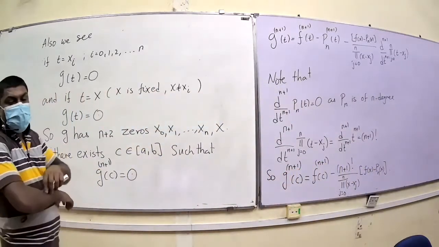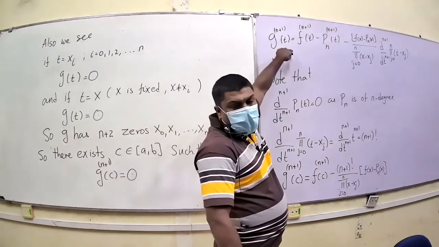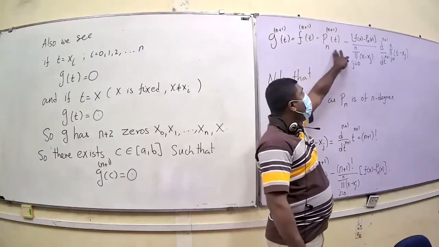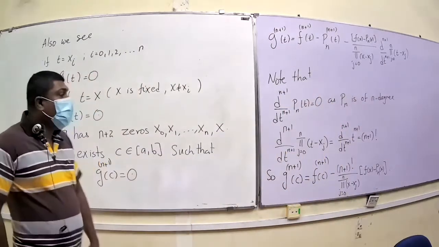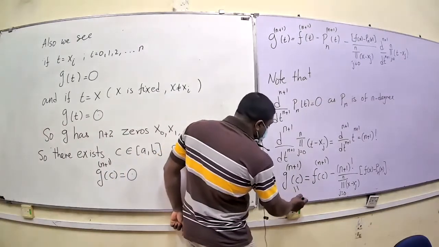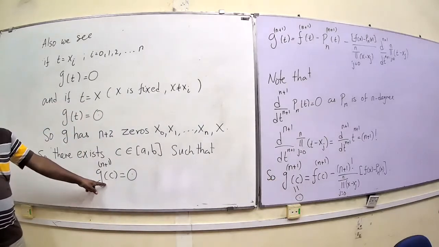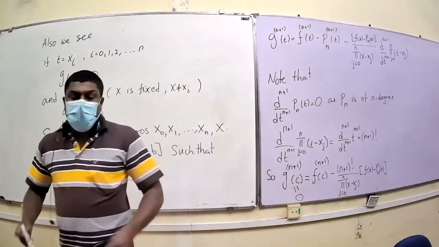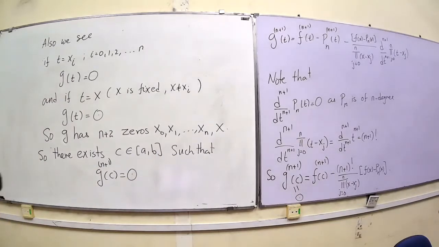Right, so when you put t equal to c on this derivative, the n plus first derivative of G at c is equal to this, and it is 0, so this over this times n plus 1 factorial. So you can put this equal to 0 here. So when you simplify that, you will get the formula you are looking for.